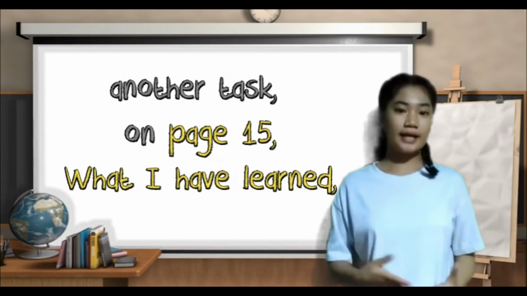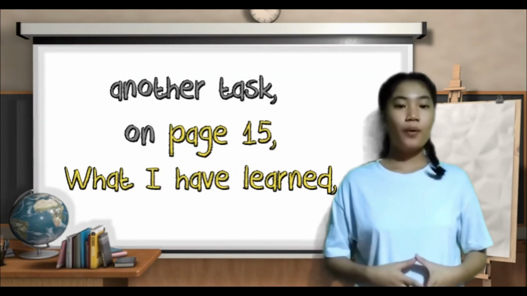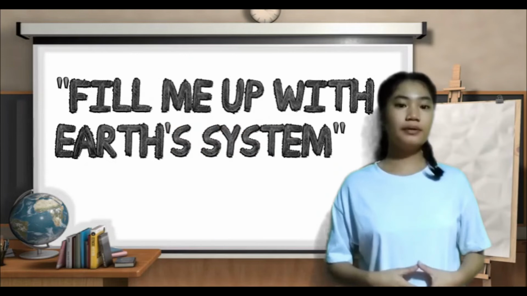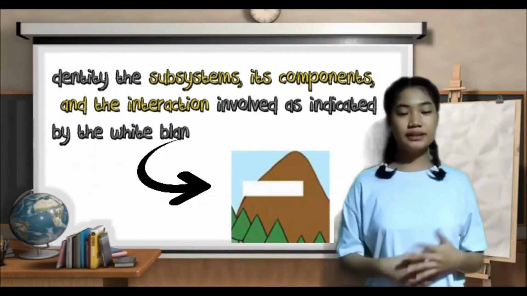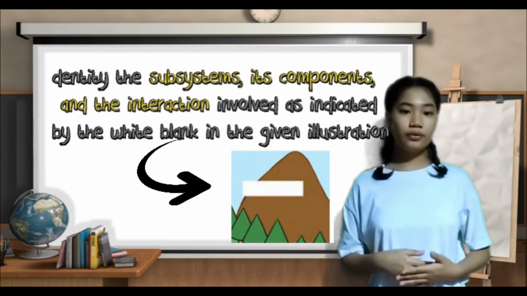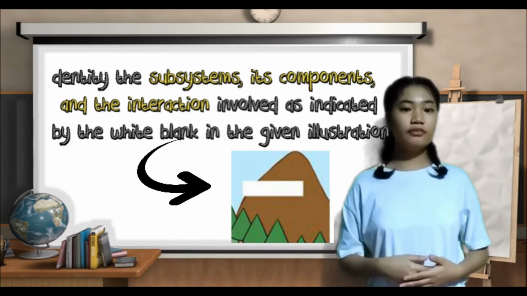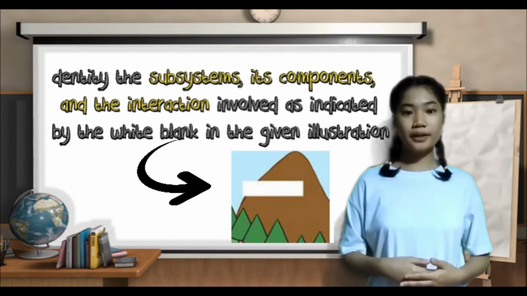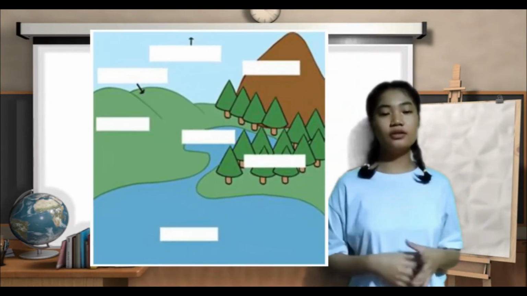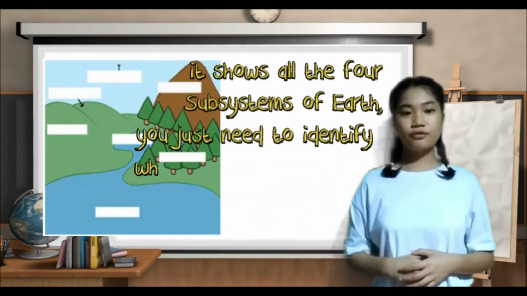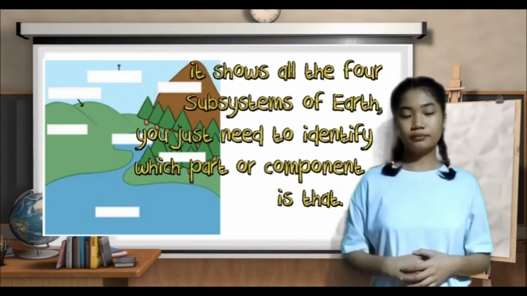For your another task on page 15, what I have learned entitled Fill Me Up with Earth's System. Identify the subsystem, its components, and the interaction involved as indicated by the white blank in the given illustration. As you can see in the illustration, it shows the four subsystems of Earth.